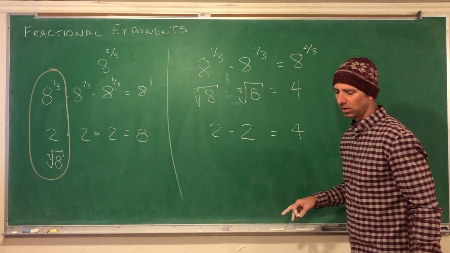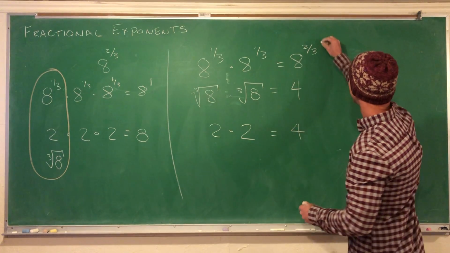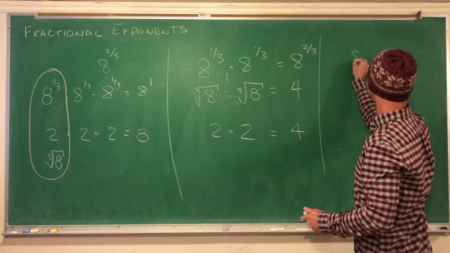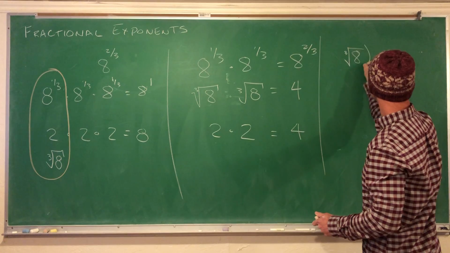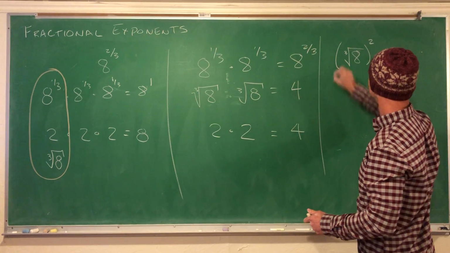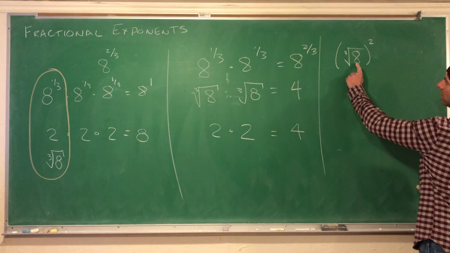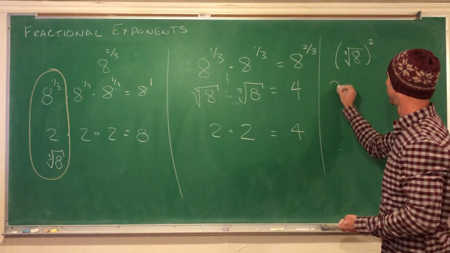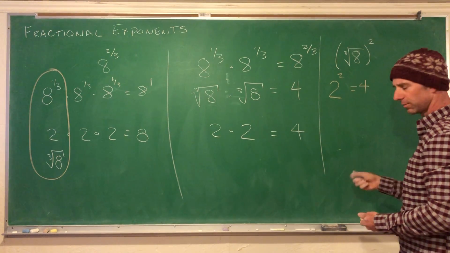So let's take a look at this another way. So we have 8 to the cube root squared, and we determined that the cube root of 8 is 2, so this is going to be 2 squared equals 4.